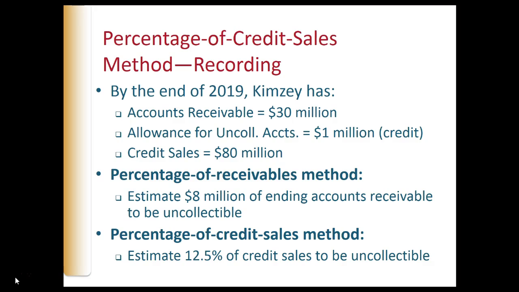In contrast, the percentage of credit sales approach bases the estimate of bad debts off a percentage of credit sales in the current year. In this case, Kimzey estimates that 12.5% of credit sales in 2019 will not be collected in 2020, which means the estimate of bad debts is 10 million, which is 80 million times 12.5%. Note that this estimate differs from the one under the percentage of receivables approach, which will generally be the case.